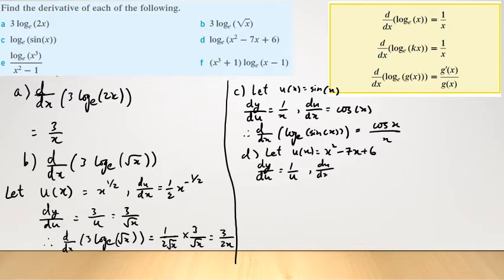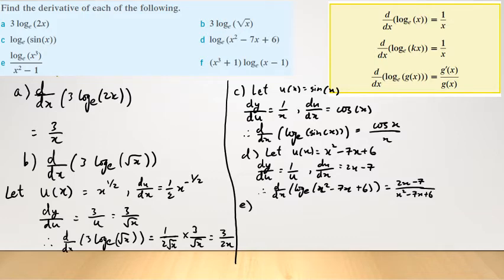Du dx is 2x minus 7. So then we have d dx of that whole thing. Hopefully you guys aren't watching it on a phone and you can't see anything because it's so small. There you go.